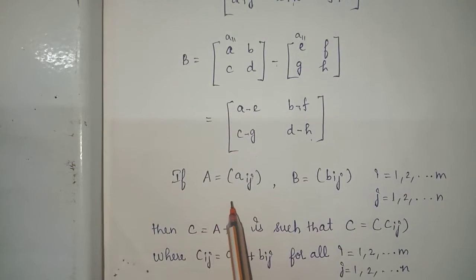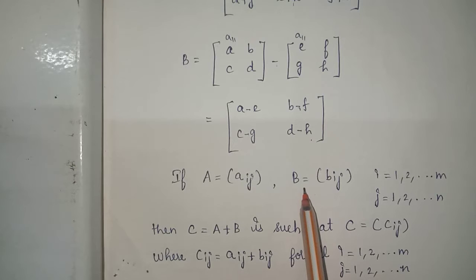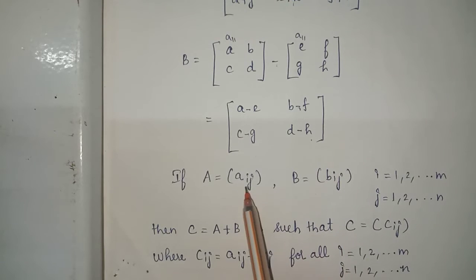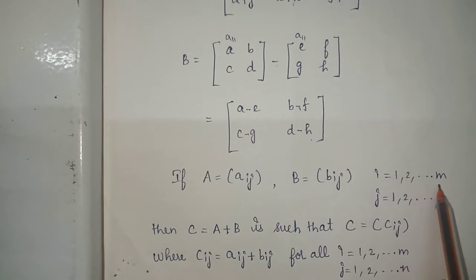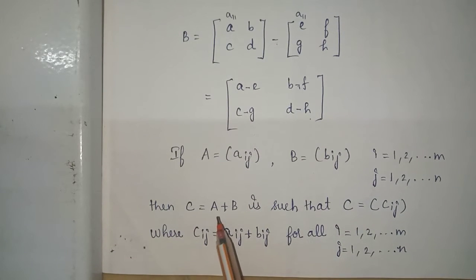If A is equal to Aij and B is equal to Bij, where i and j represent rows and columns, with i equal to 1 up to m and j equal to 1 up to n, then C is equal to A plus B. C is the resultant matrix.